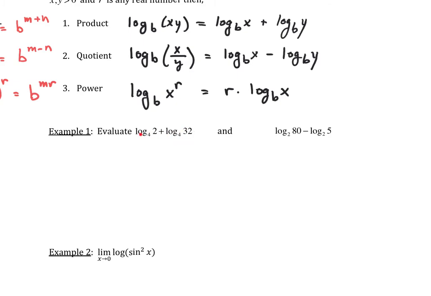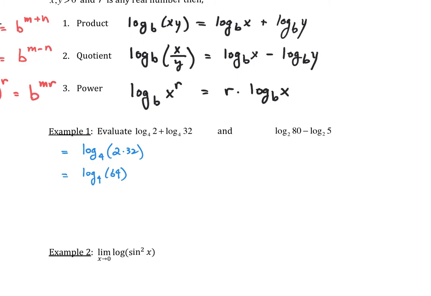So here I have a sum of two logs. That means it looks like we're probably going to use this first law of logarithms involving the product. So this is going to be equal to log base 4 of really 2 times 32. And 2 times 32, the last time I checked, that was equal to 64, right?